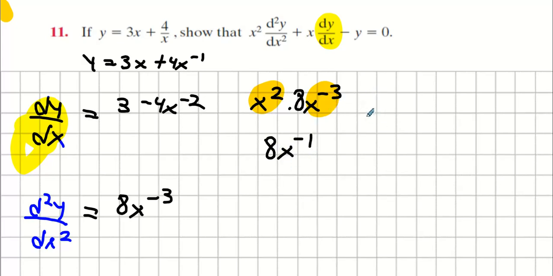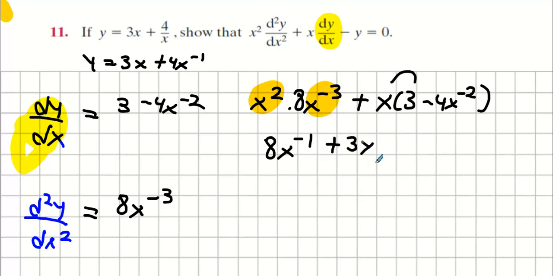Okay, then step 2, you're doing x multiplied by dy/dx. And dy/dx is 3 minus 4x^-2. What's x times 3? 3x. And what's x times minus 4x^-2? Interact the x's with each other. What's x^1 multiplied by x^-2? Add the indices together.